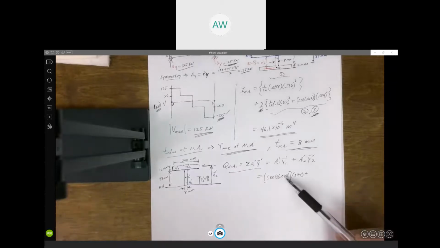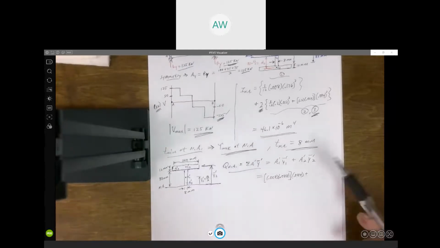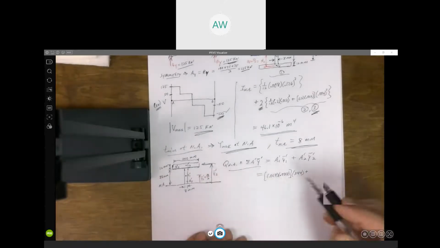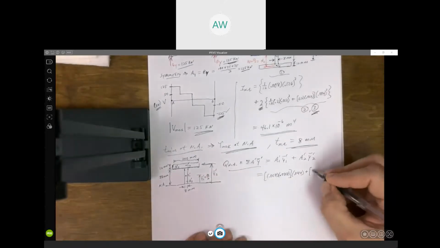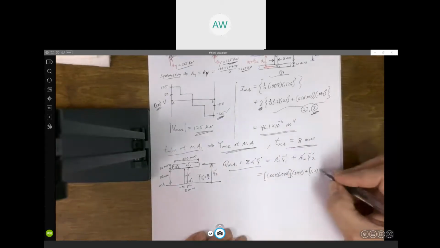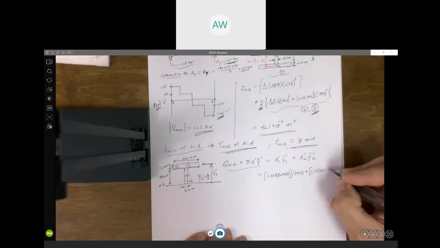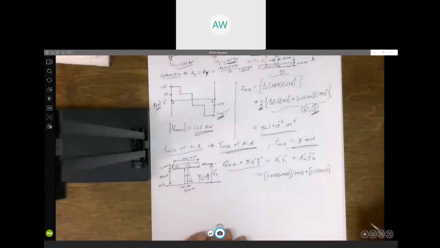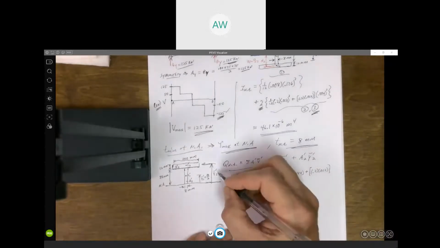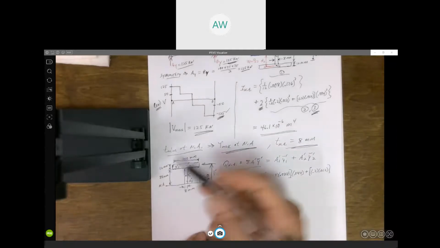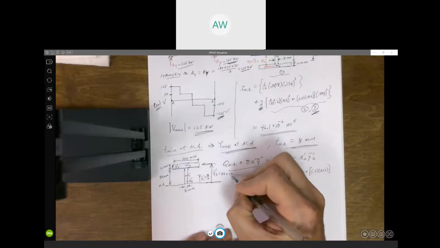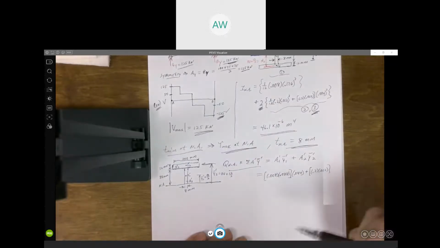So I got A prime 1 times y bar prime 1. Now, A prime 2, that's this upper rectangle. It's 200 millimeters wide, 0.2 meters, times 12 millimeters, 0.012. That's the area. And this distance, y bar prime 2, would be 88 plus half of 12, which is 94.